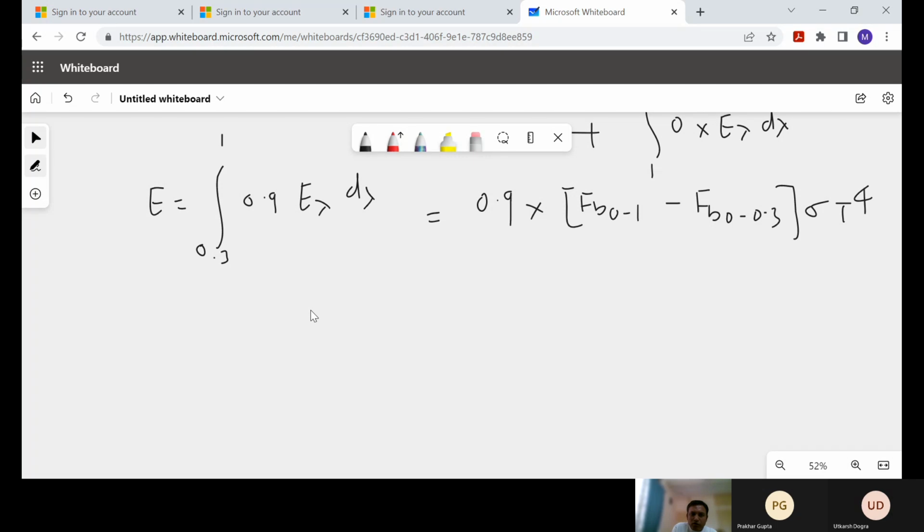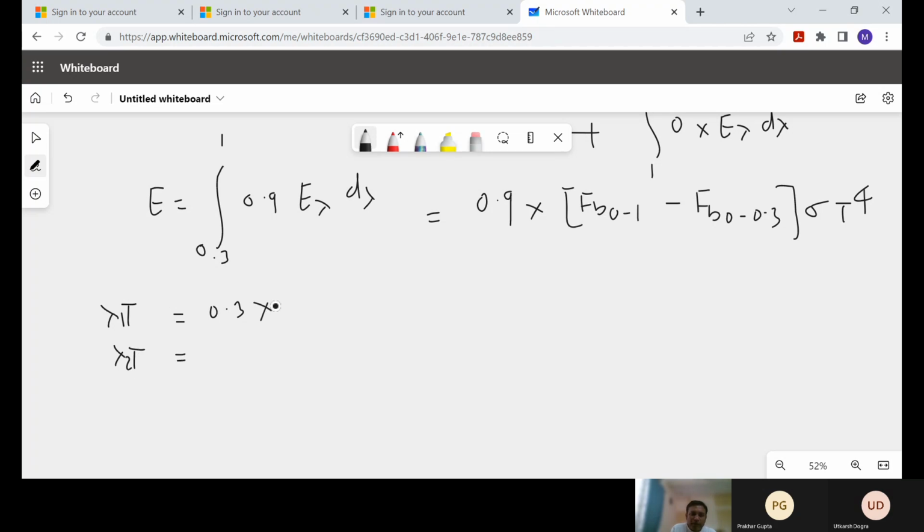Now in this case, let's put all the values here. Now we can look at the table, but for that table we have to first calculate lambda 1 T and lambda 2 T. This is what we have to find out.